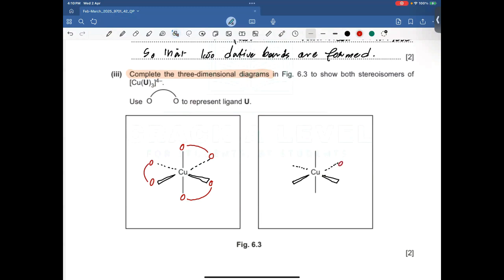When we have three bidentate ligands, as I've told you in class, we can have optical isomerism. In optical isomerism, both the structures are mirror images of each other, as you can see. So stereoisomers means optical isomerism in this scenario because we have only three bidentate ligands.